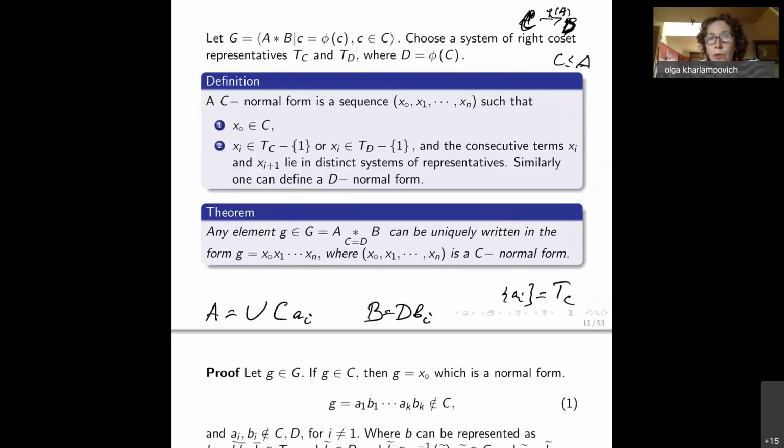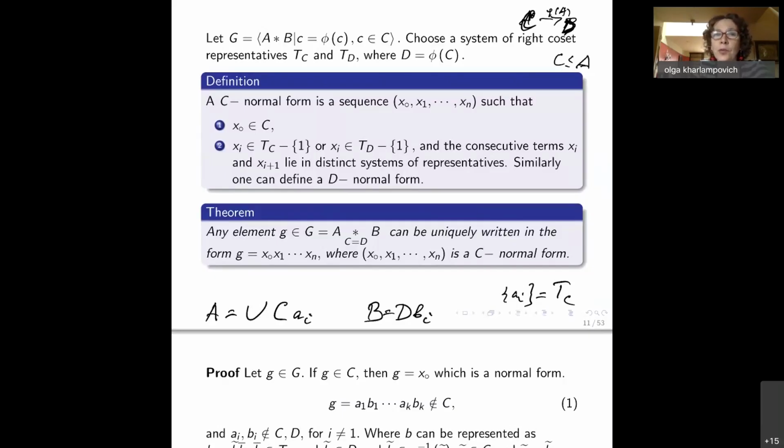And then we say that a C normal form in the group G is a sequence x0, x1, and so on, xn, such that x0 belongs to C, and each xi belongs to a transversal; the letter T stands for transversal. A set of right coset representatives is called a right transversal of C in A. So xi belongs to the C transversal in A or xi belongs to the D transversal in B, and consecutive terms xi and xi+1 lie in distinct systems of representatives.